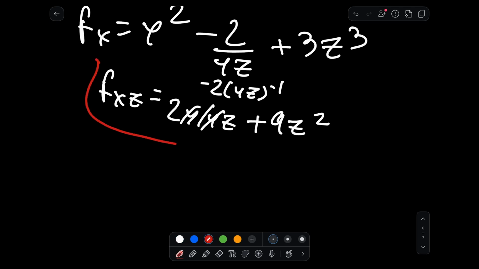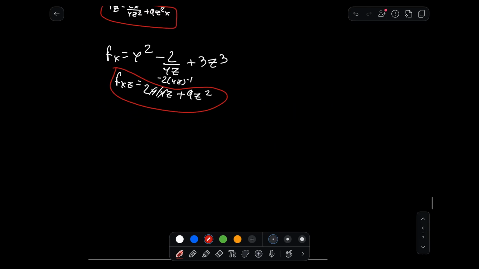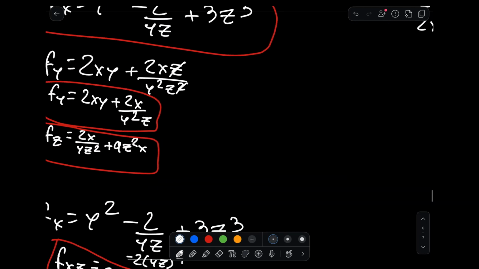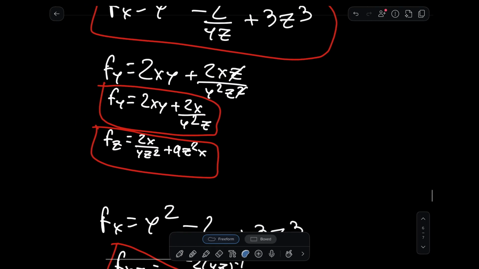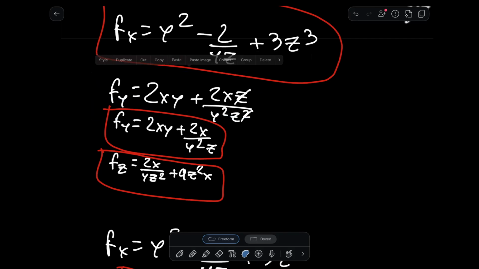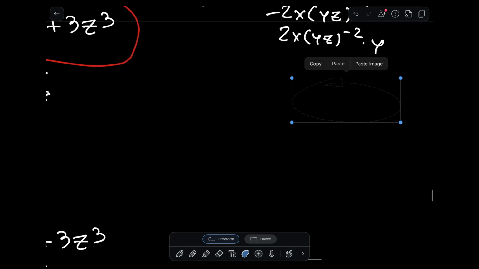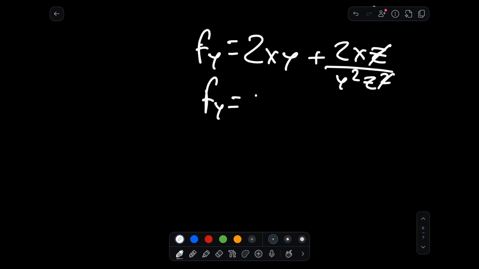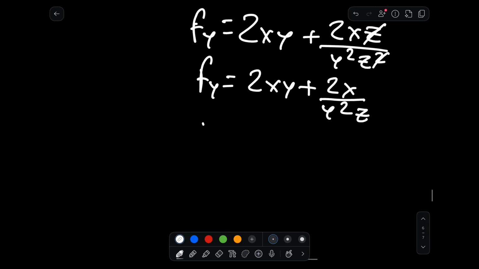That's our new partial. And last but not least, we have to take the second partial with respect to y. And let's just jump right into it. Let's just copy and paste this over. Again, saving me a little bit of time. And let's just clean this up, rewrite it as 2xy plus 2x over y squared z. f sub yy equals 2x, because 2x is a constant with respect to y.